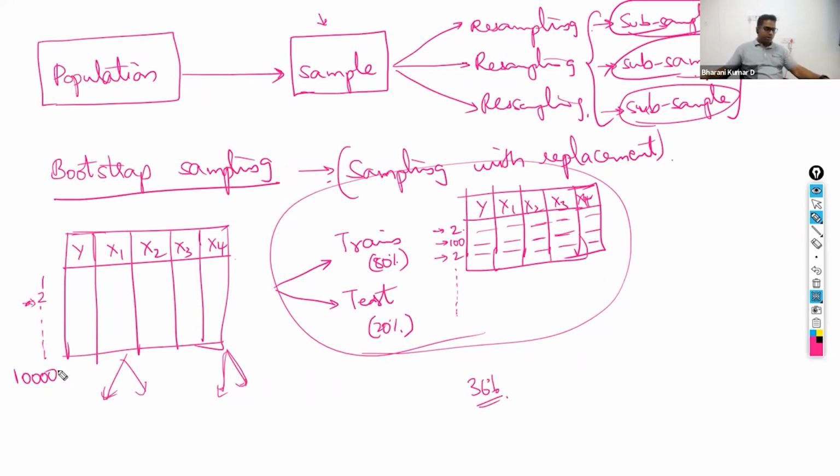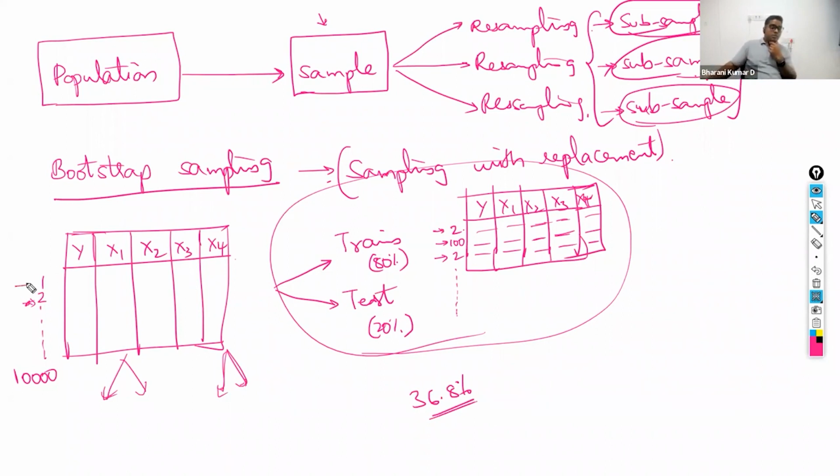Out of 10,000 observations, roughly 36% will never be selected. Okay, let me give you the exact number so that I don't end up giving you a wrong number here. 36.8 to be exact. This is what people have figured out by doing a lot of experiments.